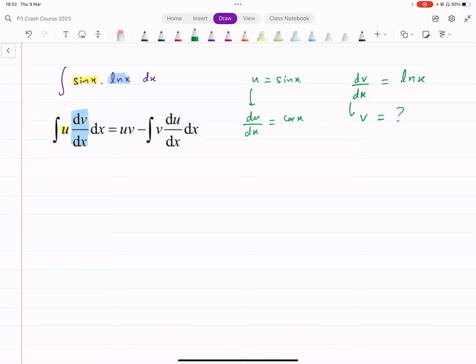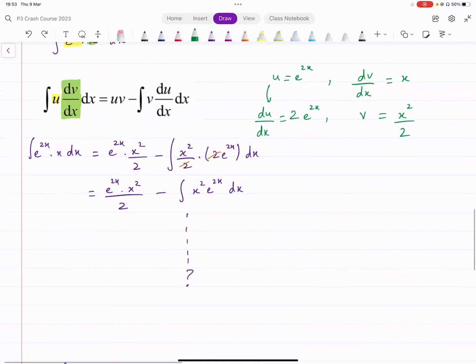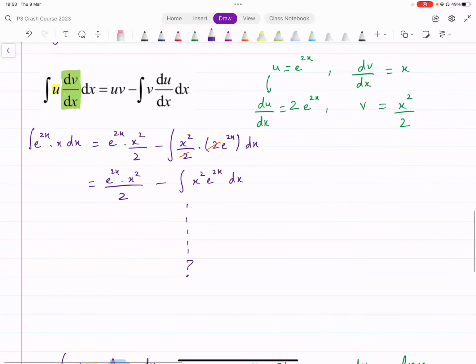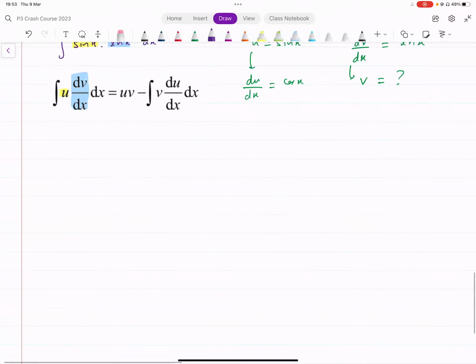Ln x can't be integrated directly. So sometimes you end up getting an expression that cannot be integrated. So if you choose that as dv over dx, that is also going to be a problem, because if you can't integrate dv over dx, you can't use this formula. So when you are choosing u and dv over dx, you have to keep two things in mind.